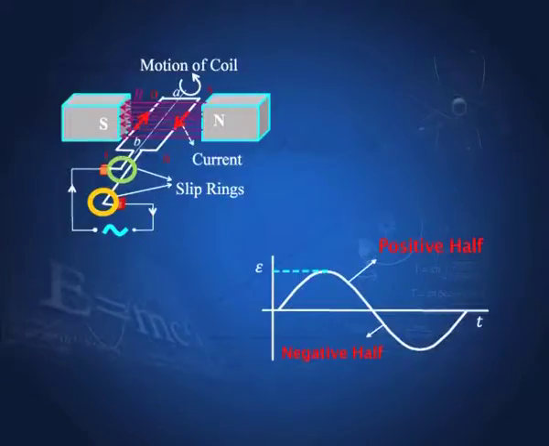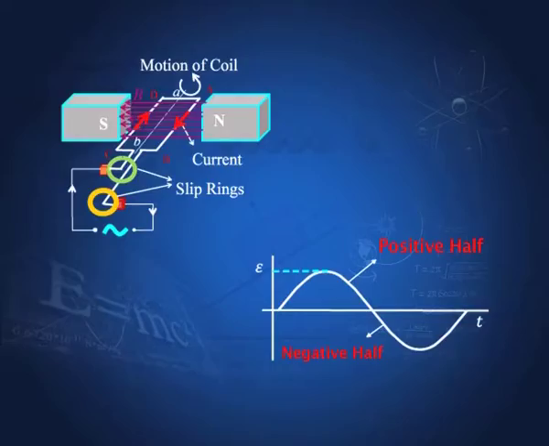So, as shown here, the current goes through the outer circuit in this direction. In the other half cycle, the current will go through this slip ring and will go in this direction, so that we have a current which is changing its direction. For this half, the current is in one direction, for this half, the current is in the opposite direction. This kind of current is known as AC.